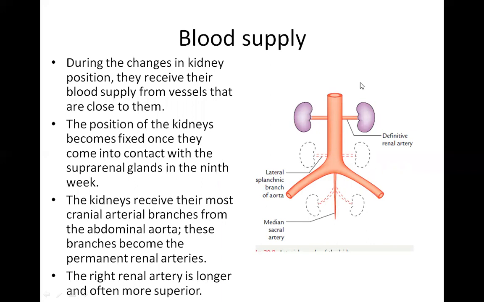So the suprarenal glands prevent the further ascent of the kidney. Now they will receive their most cranial arterial branches from the abdominal aorta, that is, the definitive renal arteries. When they are in the pelvis, they might receive their blood supply from the median sacral artery, then in the lumbar region from the lateral splanchnic branch of the aorta, and so on.